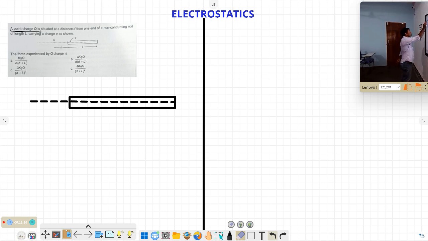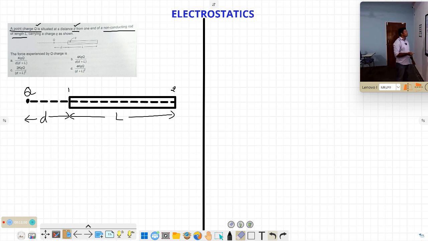A point charge Q is situated at a distance small d from one end of a non-conducting rod of length L. So here I take a non-conducting rod of length L, and at a distance d from one end we keep a charge Q. This is the first end, and this is the second end.